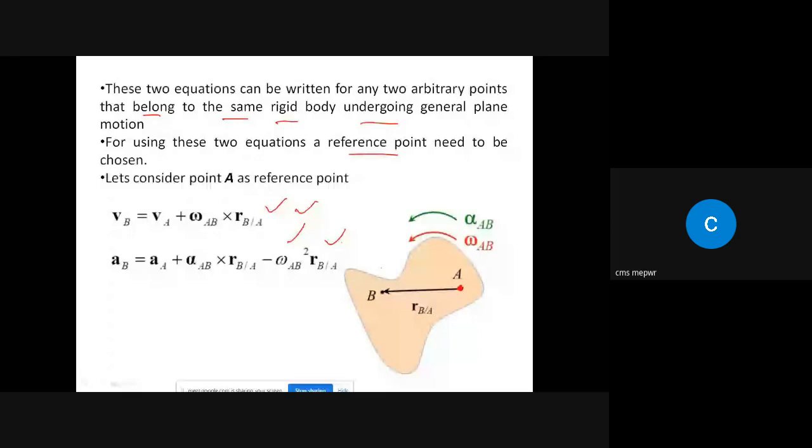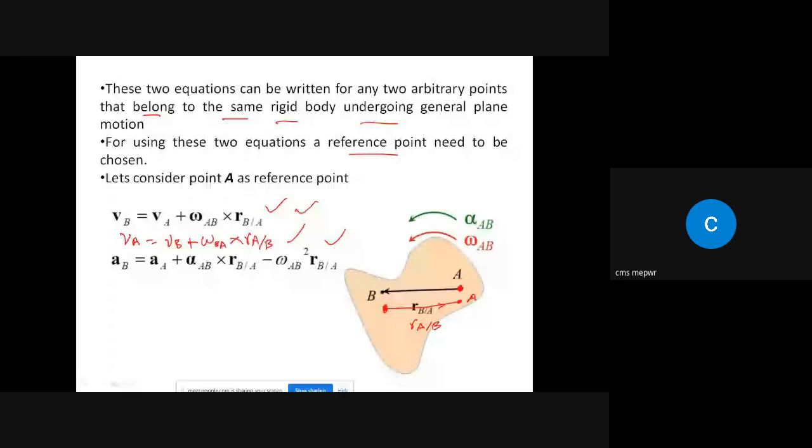If we change the origin, keep point B as the origin and find the position of A with respect to it, that position vector will become like this. In this case, instead of V_B over here, we will have V_A, and here we will have V_B, and this cross product will be r_A/B. And omega_AB is the same.